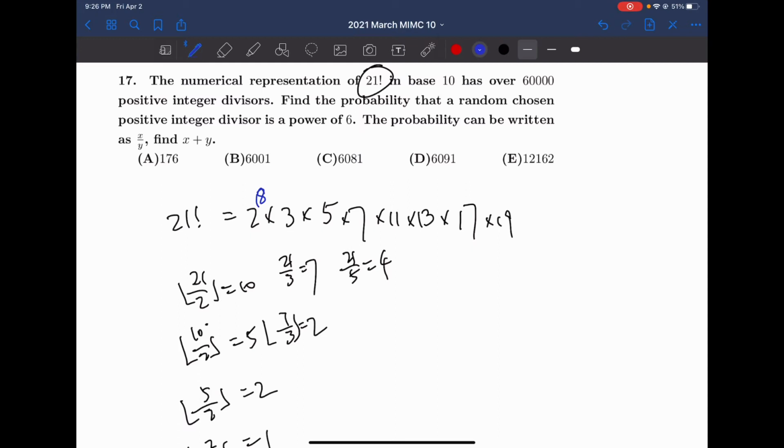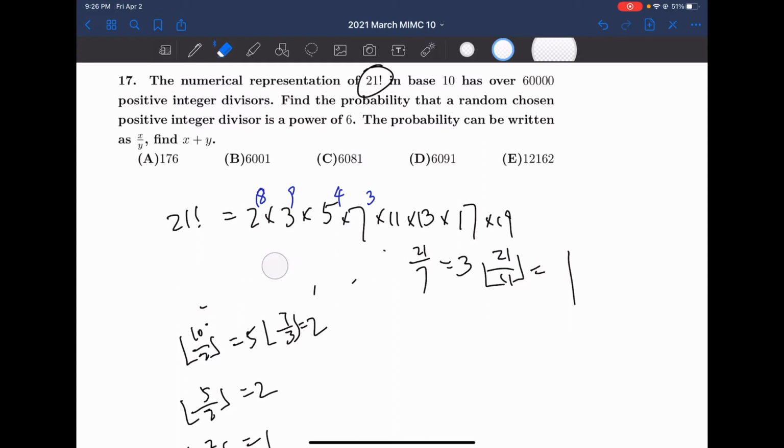So that would be 3 to the 9th power and 5 to the 4th power. And 21 over 7 would yield us 3. So that's 7 to the 3rd power. 21 over 11 would yield us just simply 1. So anything after that would be just the first power.